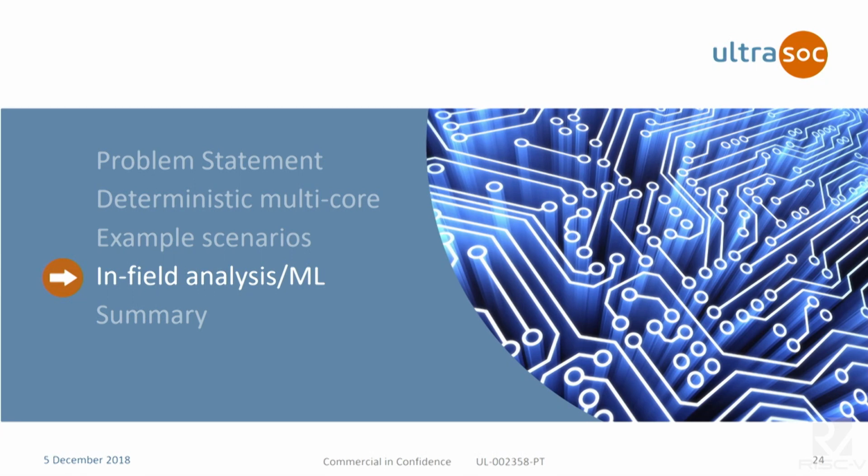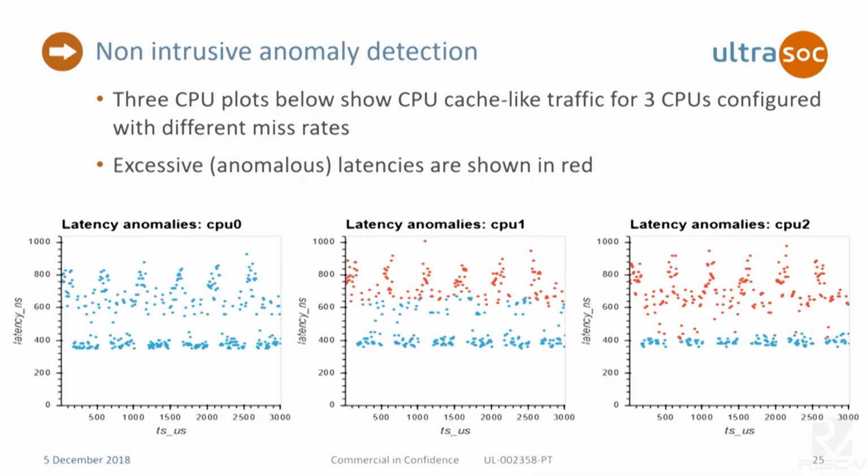The data coming off the monitors in complex systems, what you want to be able to do is anomalous detection autonomously. The amount of data, even though it's rich, will still swamp most engineers' brains, certainly mine. So in this case here, we've got three processors, and we're taking those monitors and just looking at the latency of the cache traffic.